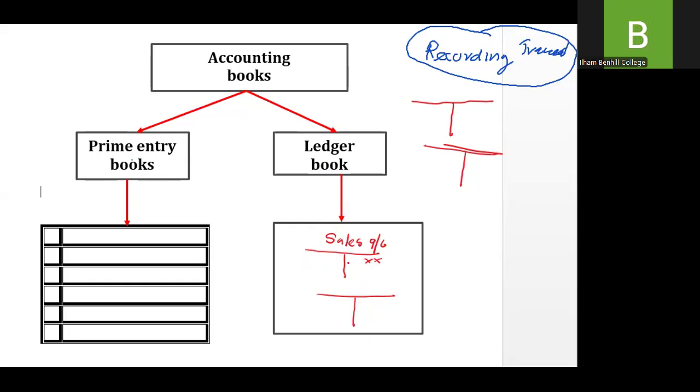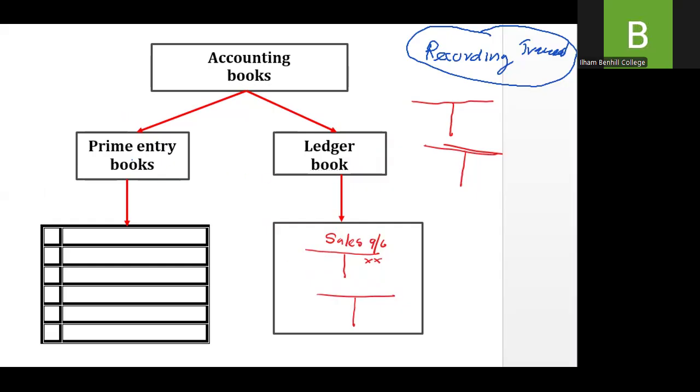That is called the double entry rule or double entry principle. So when recording transactions in the ledger book, we have to follow the double entry rules. So let us talk about double entry rules later. My purpose of this video is to explain to you about the two types of accounting books mainly.